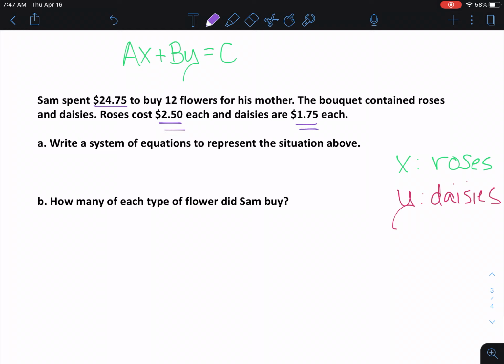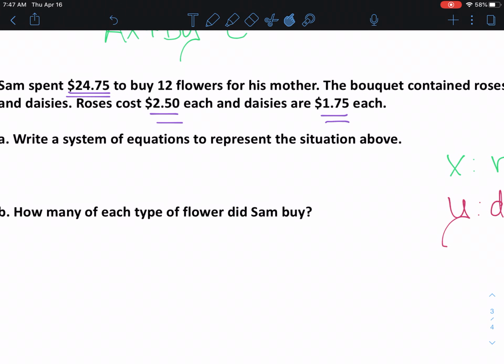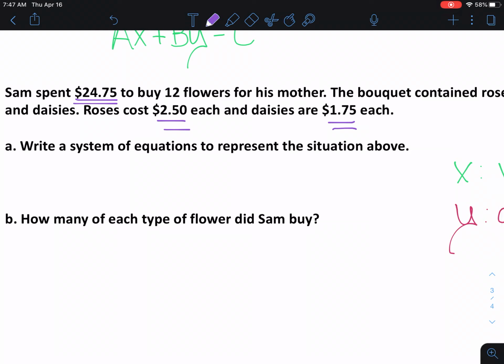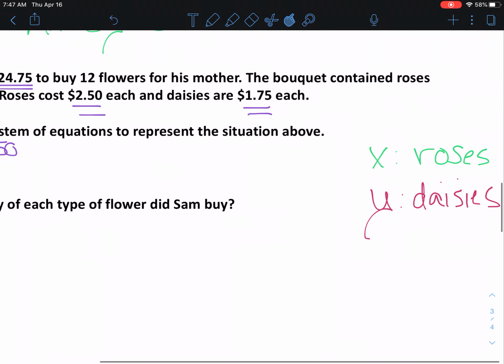These are the things we want to focus on for one of our equations. Roses are $2.50, and roses were x.